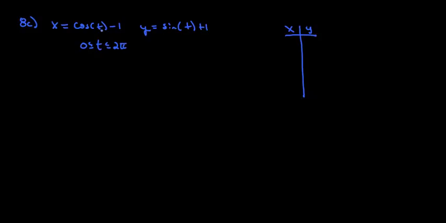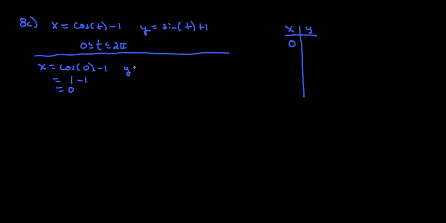So if I plug in 0, I have the cosine at 0, so let's work this out right here. Now the cosine value of 0 is a left-right movement, which is 1 minus 1, so x itself is 0.